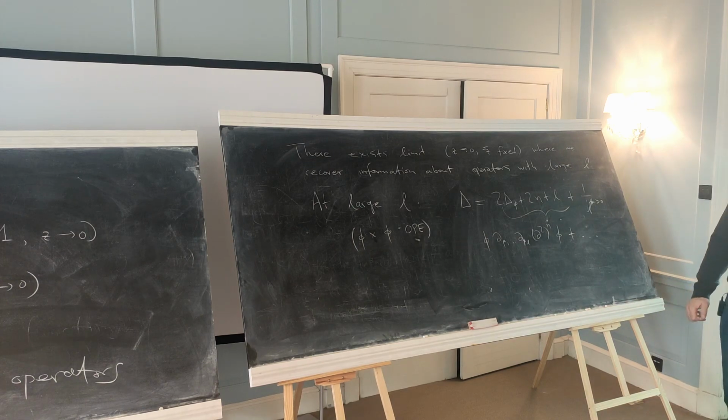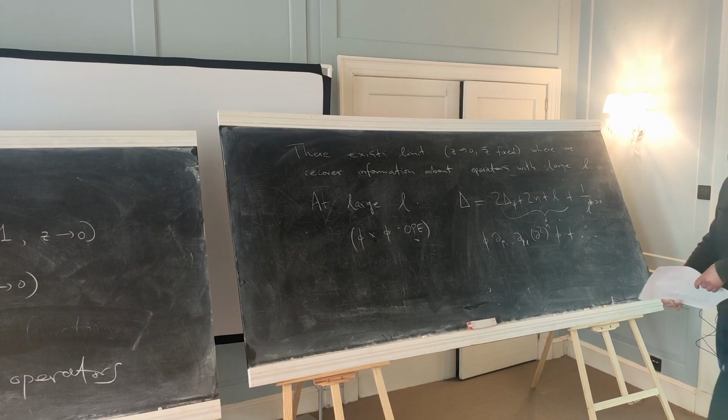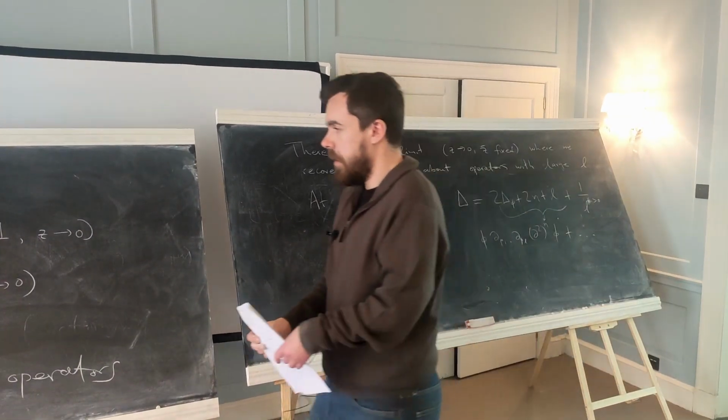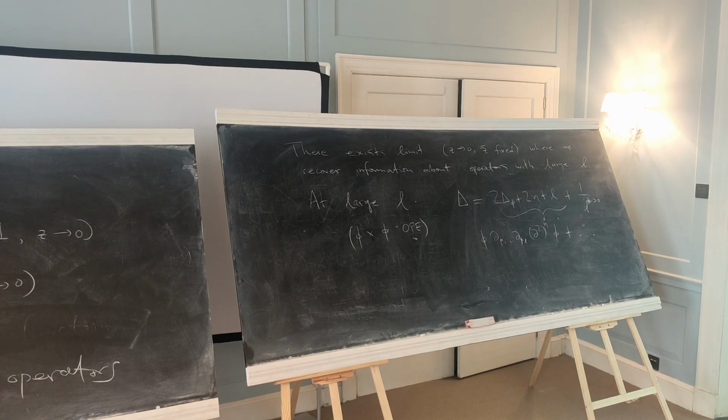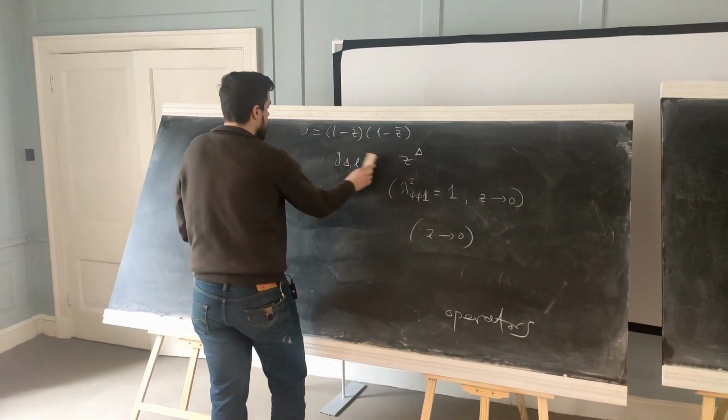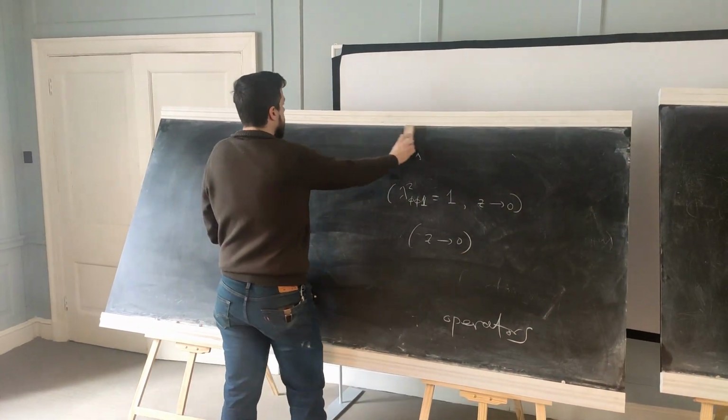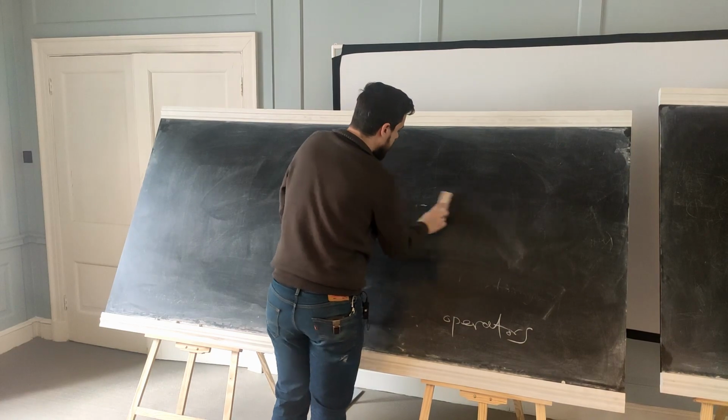Okay? So this is another result. I didn't prove this, but this is another result that you get when you look at the crossing equation in this analytic way, and by considering all these different limits.